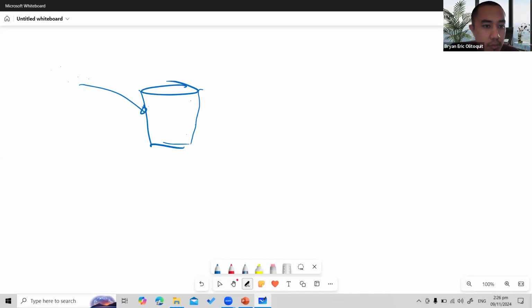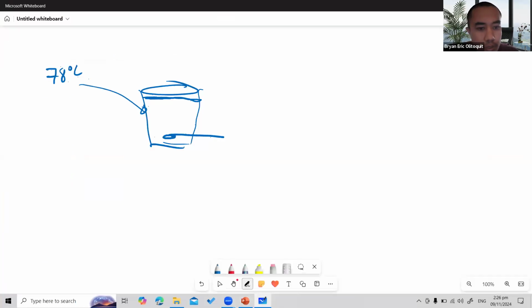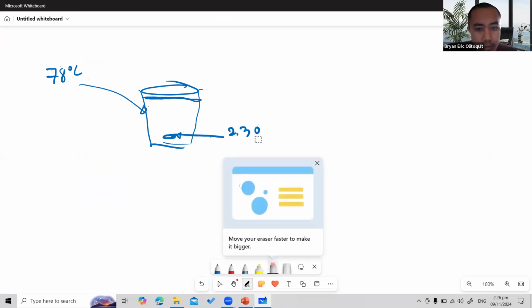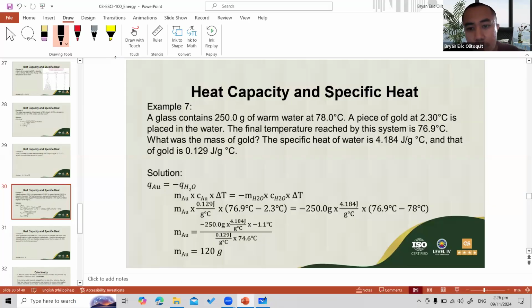So this glass of water has 78 degrees Celsius. And pag naglagay tayo ng gold dito sa loob, nandiyan yung tubig, naglagay tayo ng gold that has a temperature of 2.3 degrees Celsius.